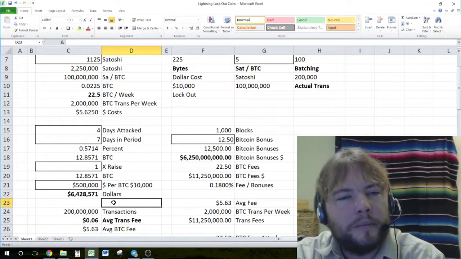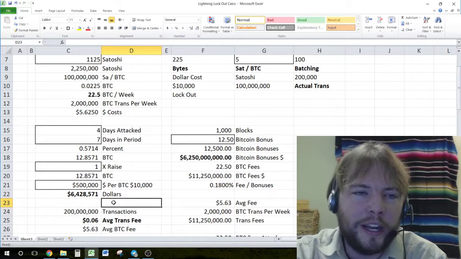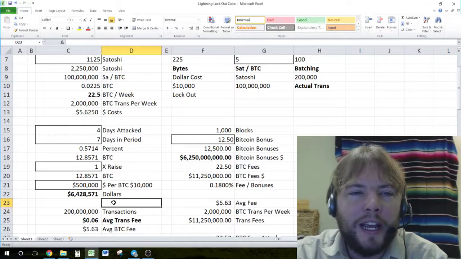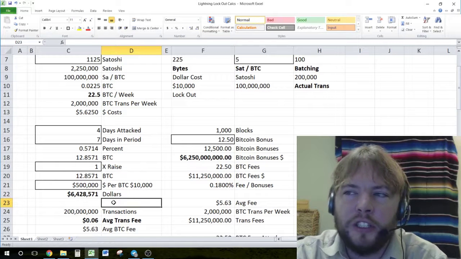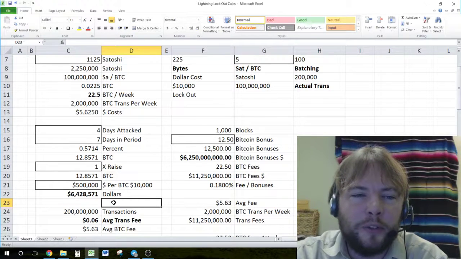Now, how do you batch? One is the Lightning Network, like I mentioned, which can batch transactions over 1,000 blocks and then send them to the Bitcoin network. And then you also have batching internally, which is batching every 10 minutes and sending it to the Bitcoin network.